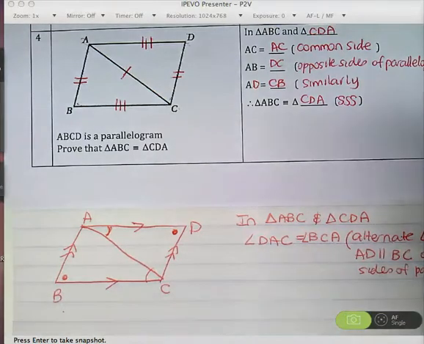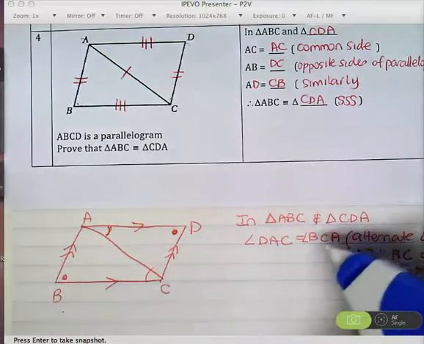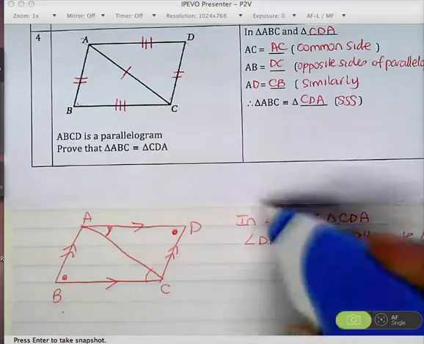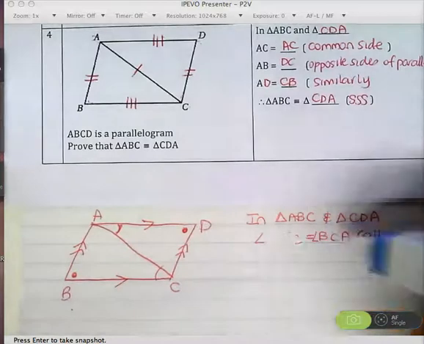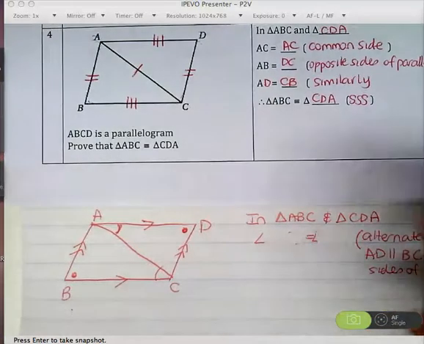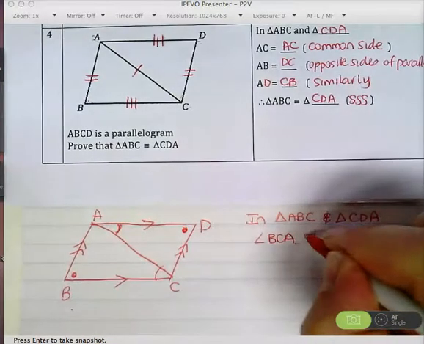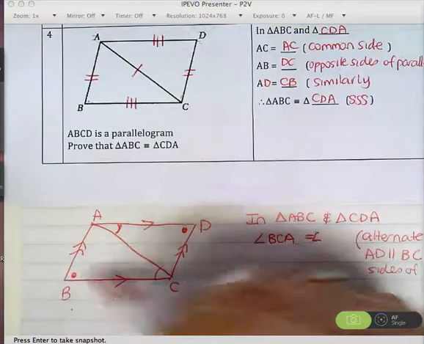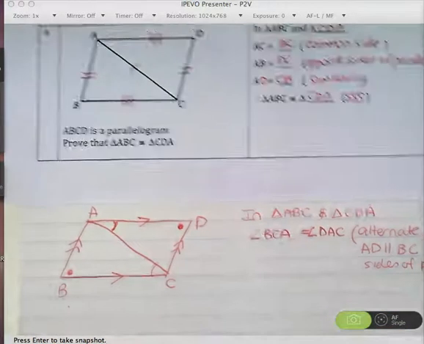See how I've said in triangle ABC and triangle CDA, I've actually got the information about the first triangle on the right and the other triangle on the left. So I should swap them around, okay? So I should say that angle BCA is equal to angle DAC. That's for the first one.